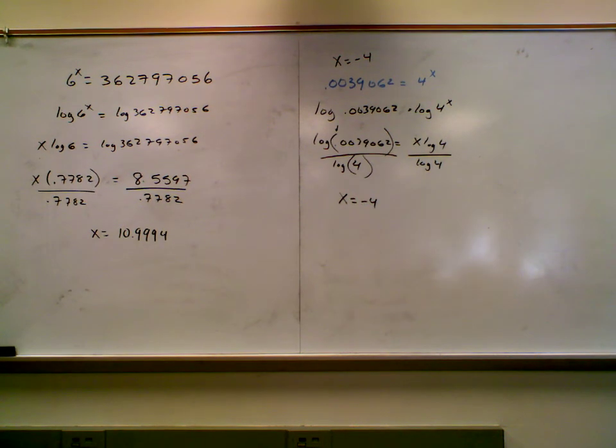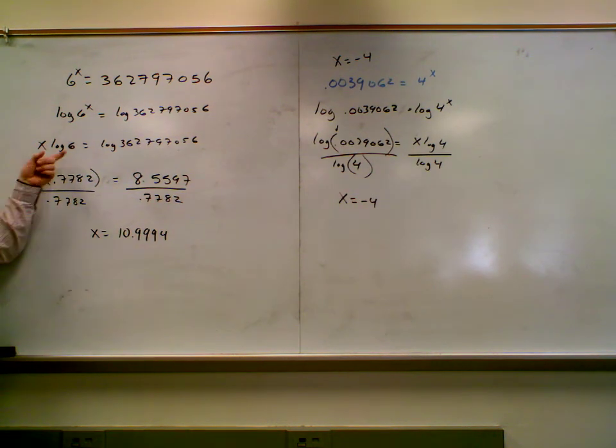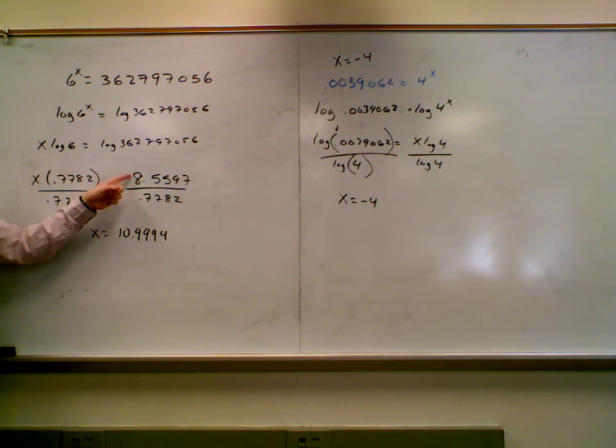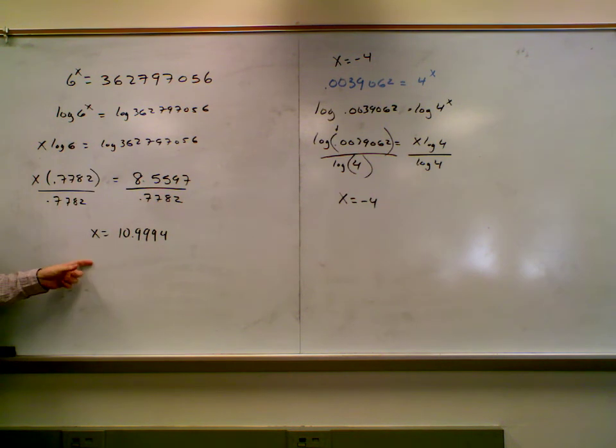Those that didn't use the decimals, Gabby, I know you didn't use the decimal, right? What'd you get for x? 11. The point I'm trying to make is if we use just the decimals, what happens to our answer? It changes. It starts getting a little bit off, either smaller or bigger.